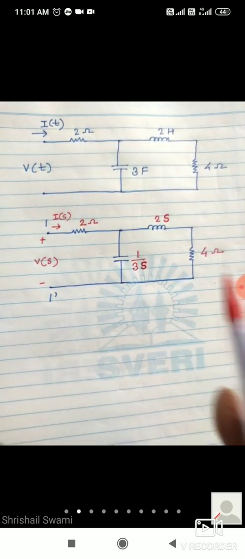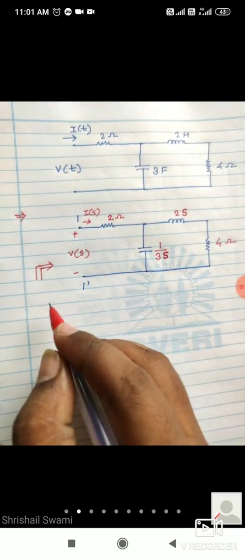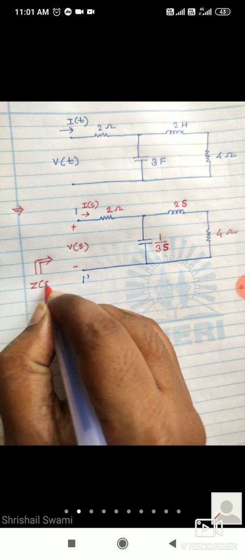Okay. So once you have converted the time domain into the Laplace domain, then what they asked is the driving point impedance Z of s.